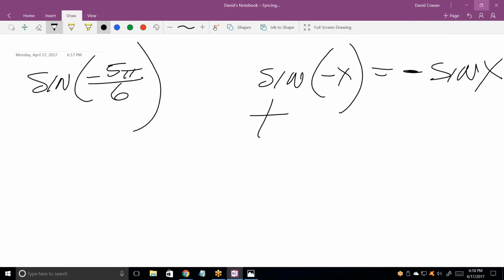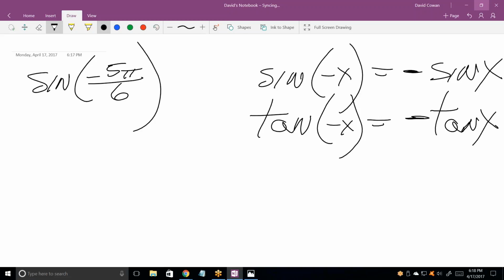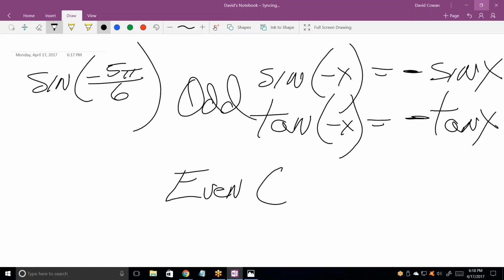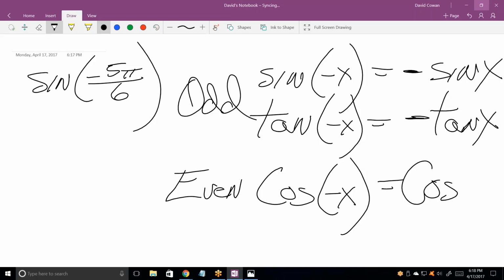Same thing with tangent. Tangent of a negative angle equals minus tangent of the positive angle. That's because both of those are odd functions. Cosine is an even function, and with even functions, the cosine of negative x equals the cosine of positive x.